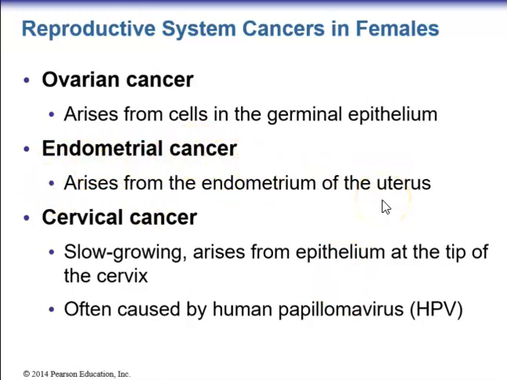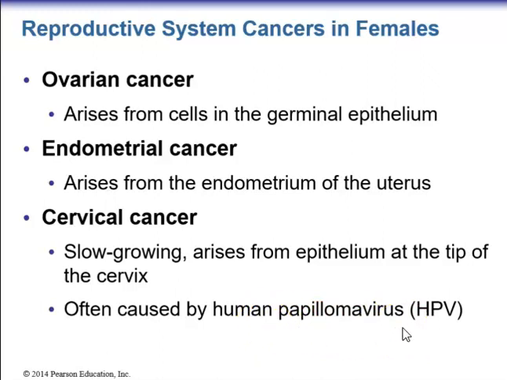Cervical cancer, also slow growing, arises from the epithelium at the tip of the cervix, and is often caused by the HPV, or human papillomavirus. And usually an increase in the number of unprotected sex, as well as multiple partners, increases your chances for cervical cancer, as well as exposure to HPV.